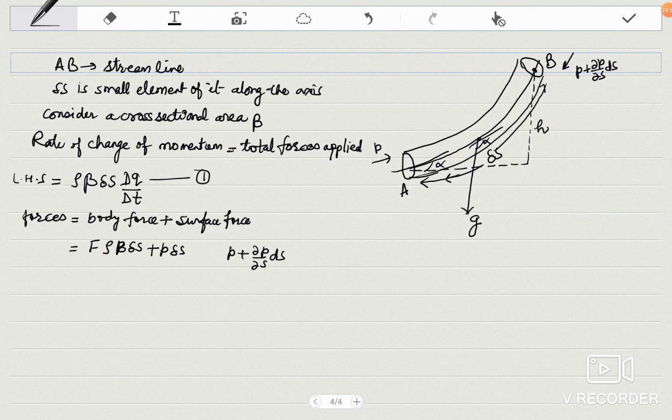Further it will be P alpha. Alpha is the cross-sectional area and pressure works on surface, so P alpha. And this will be P beta.